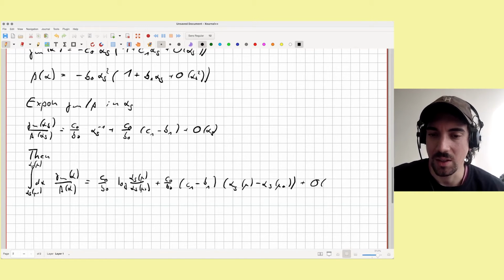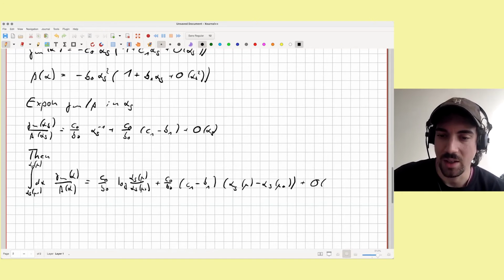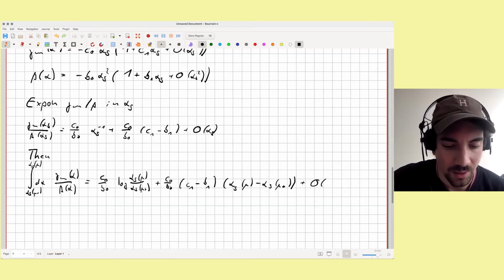So because this would be alpha s at the one scale minus alpha s squared at the one scale minus alpha s at the higher order scale.